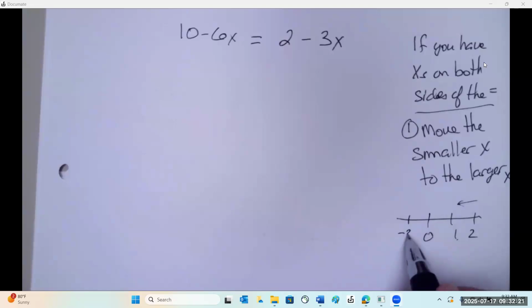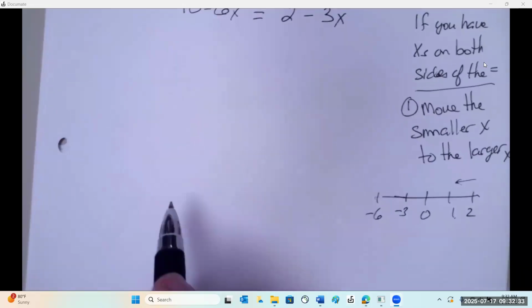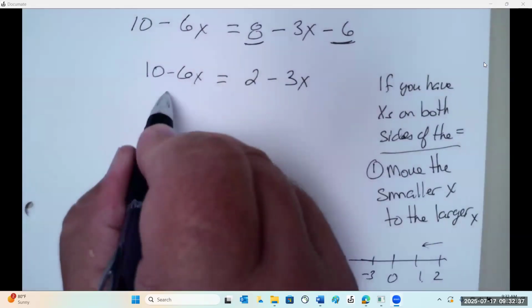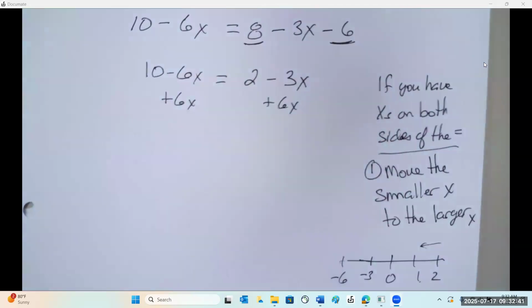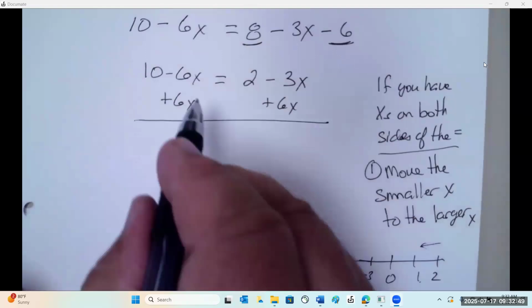On the negative side, so -6 is smaller than -3. So what we have to do is move this x to that side. How? By adding 6x to both sides. When you do that, your x is always going to have a positive coefficient.